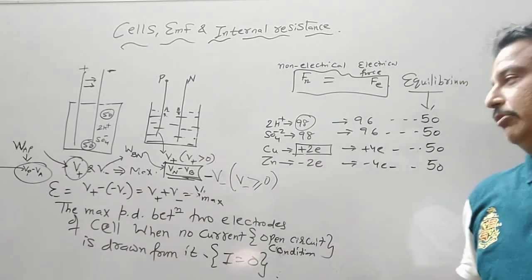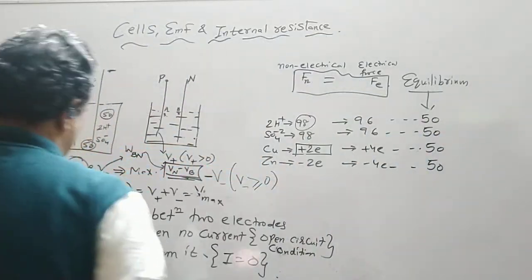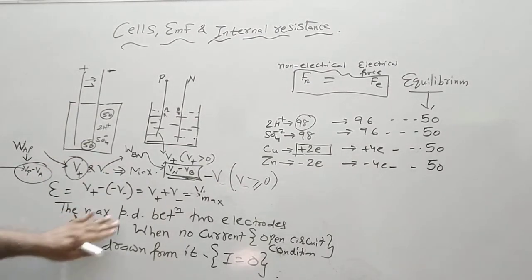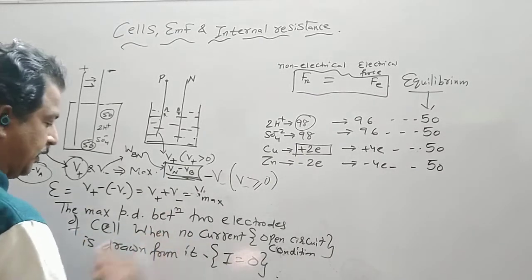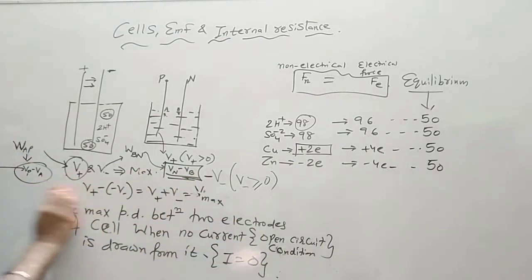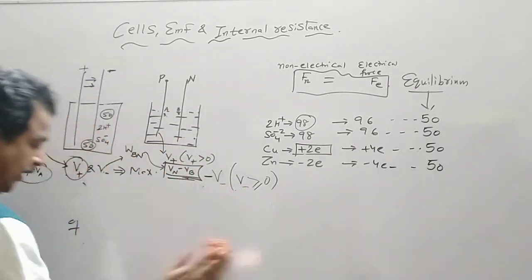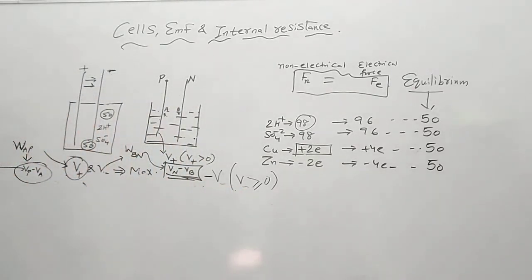As far as we are concerned, first we have to clear the maximum potential difference between the two electrodes where no current is drawn, that is, our current is 0. Then that maximum potential difference is called EMF.